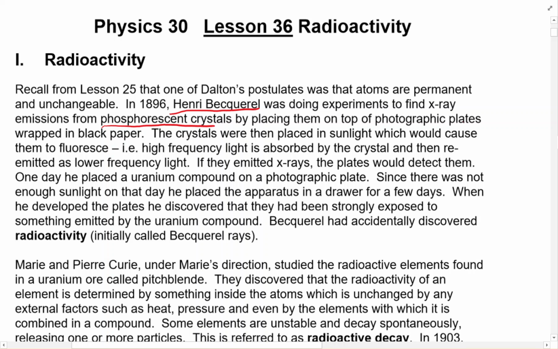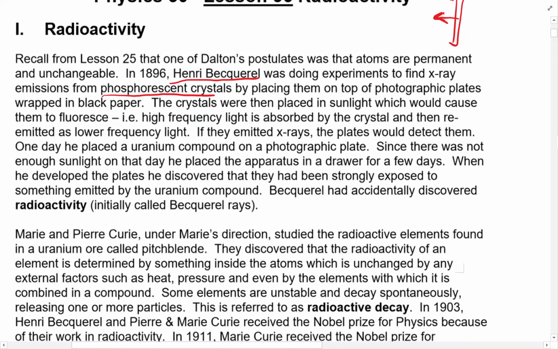If you shone light on these plates at really high energies, these phosphorescent screens would emit light at a lower frequency, so you could see them. It would absorb things in the X-ray range, but then emit things in our visible spectrum. So that was a way of detecting, hopefully, X-rays, because they didn't have the technology we have today. They couldn't see these X-rays. So that was what he did.